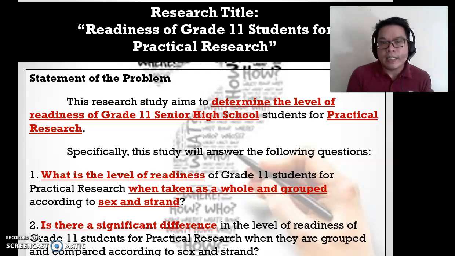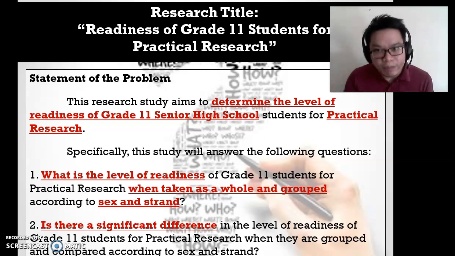As you can see, the variables or the focus of the study for this specific research are the readiness of the grade 11 students for practical research. Those are the variables: the readiness, the grade 11 students, and then the topic, which is the practical research. My introductory statement, or the statement of the problem, will be, "This research study aims."